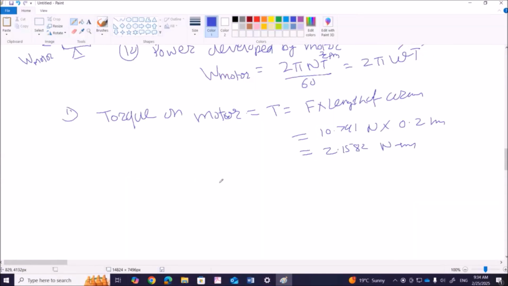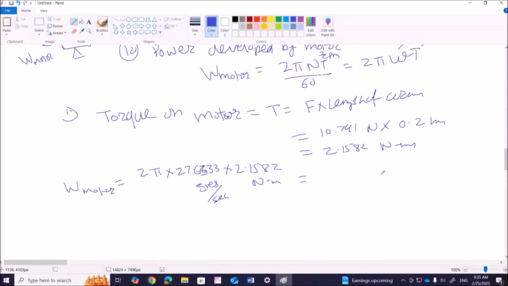Now once I know torque, I can find out W motor is equal to 2 pi N, or RPM, 27 RPS. I am putting RPS 27.663333. Torque is 2.1582. So this is revolution per second, and this is Newton meter.